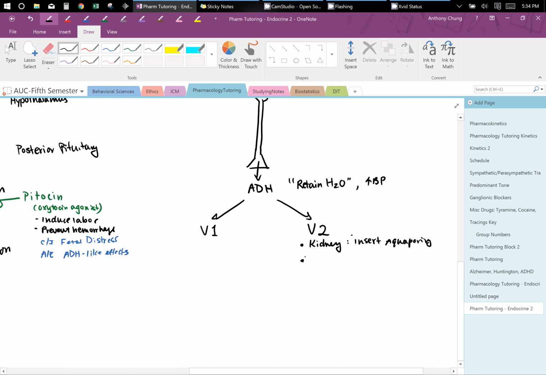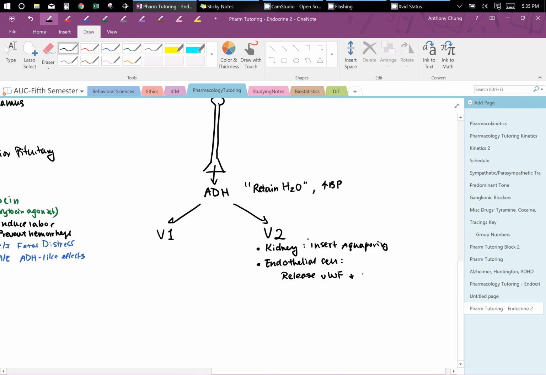That's the one that most people know about, but it's also in the endothelial cells. And stimulation of the receptor will help you release von Willebrand factor and factor 8.